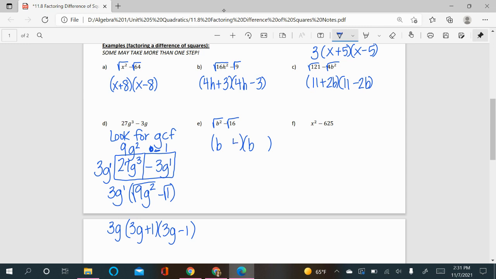The square root of 16 is 4 and 4, plus and minus. And then the last one is 625. The square root of x squared is x and x, and the square root of 625 is 25, plus and minus.